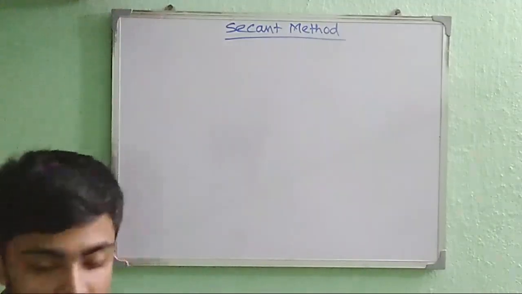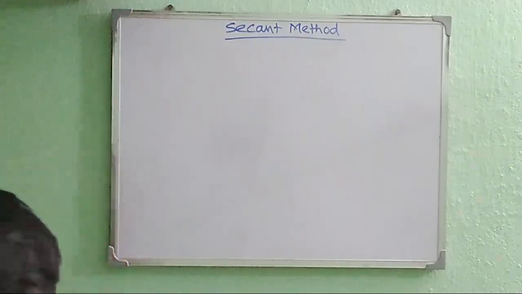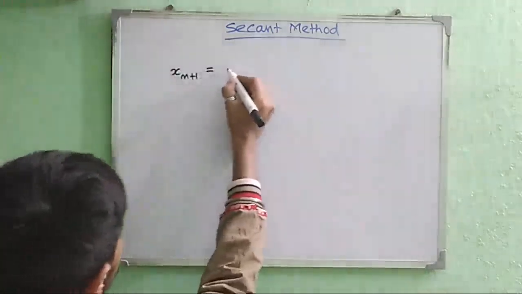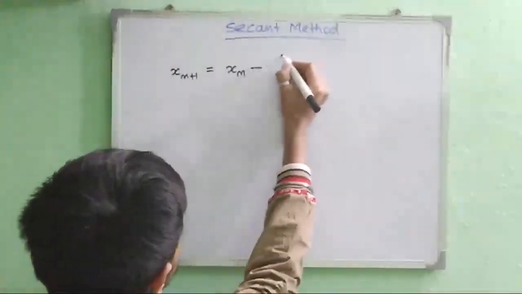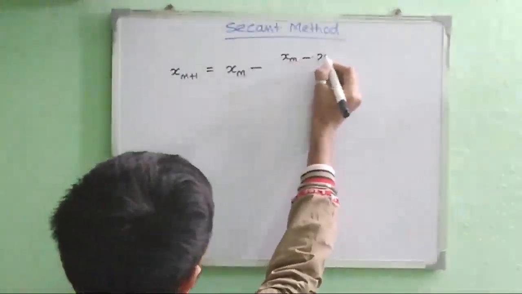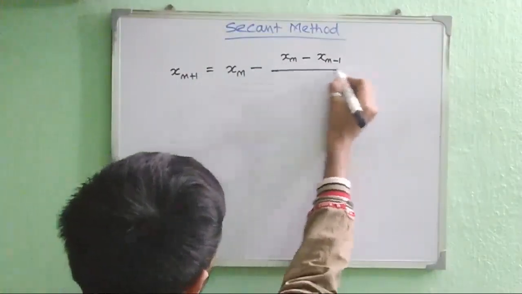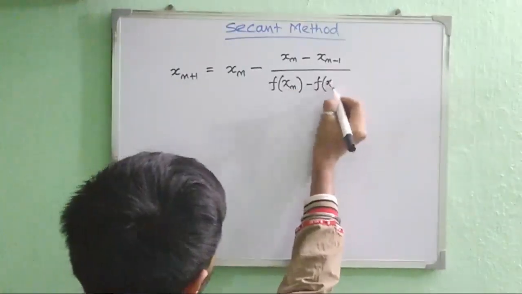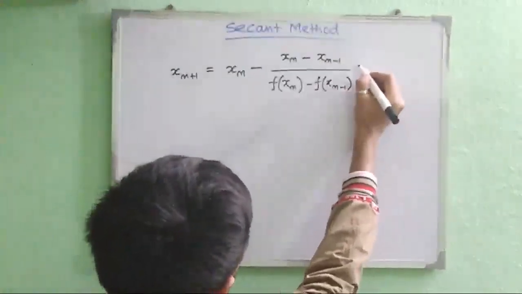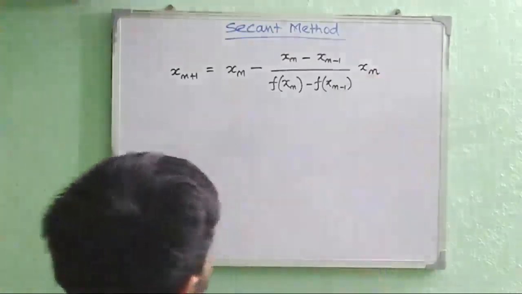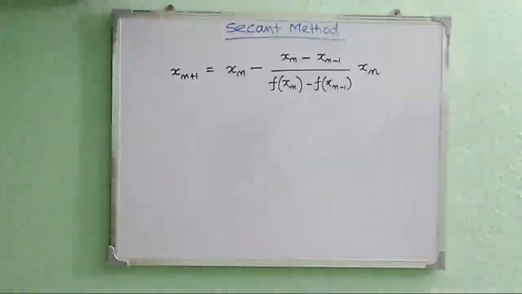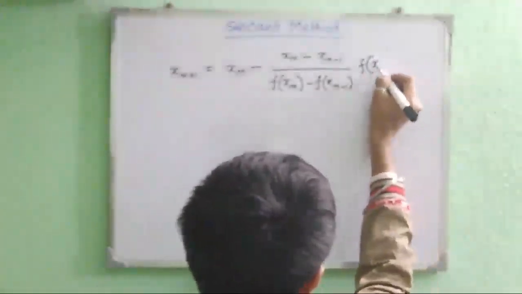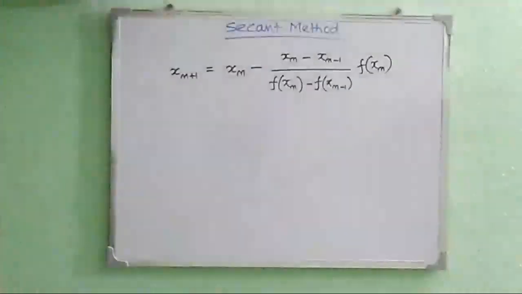Okay. Now, the general formula for the second method is x_{n+1} equals x_n minus (x_n minus x_{n-1}) divided by (f of x_n minus f of x_{n-1}), multiplied by f of x_n.